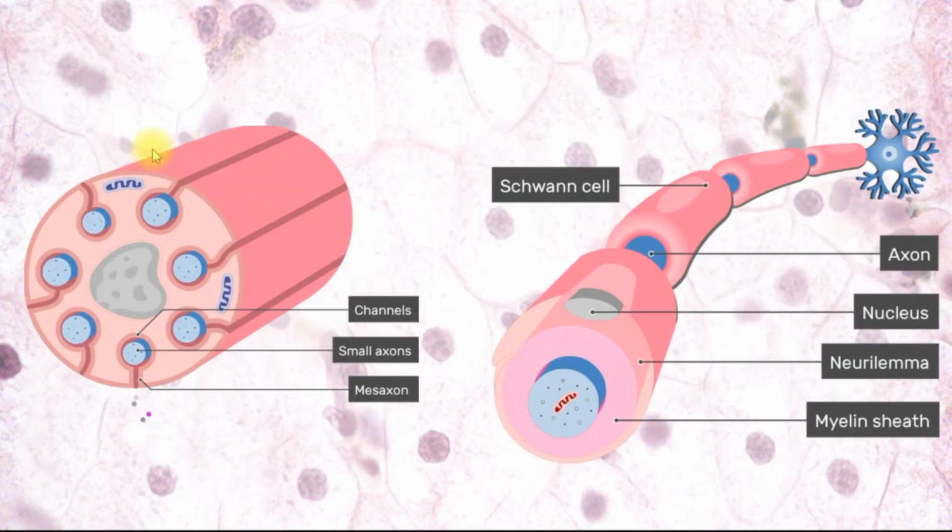Here we can see unmyelinated nerve fibers and myelinated, and there are Ranvier nodes between neighboring Schwann cells and rounds of myelin which cover the axon. And here we cannot find myelin because this Schwann cell cannot be rotated around all those axons.